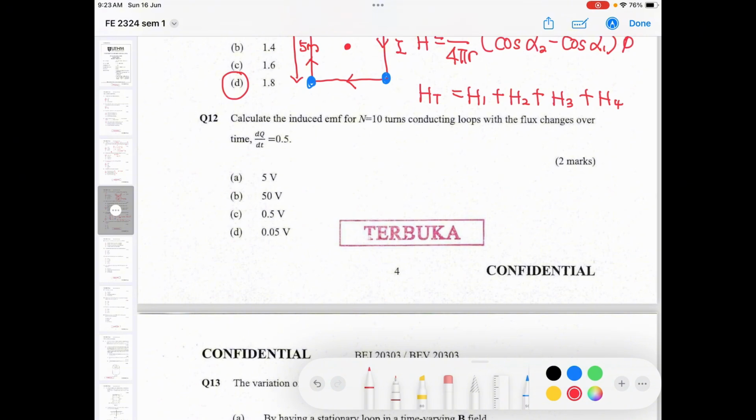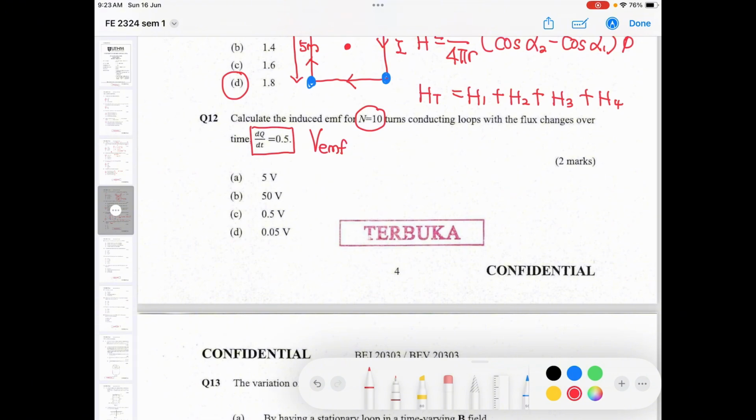Calculate the induced EMF. Okay, so you can write down EMF for N equals 10, and the flux change over time is this one.